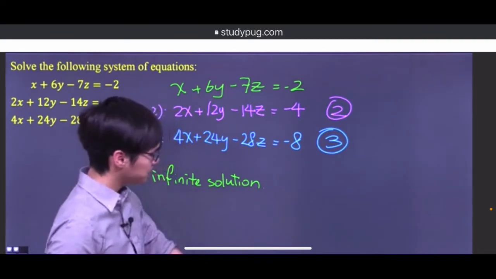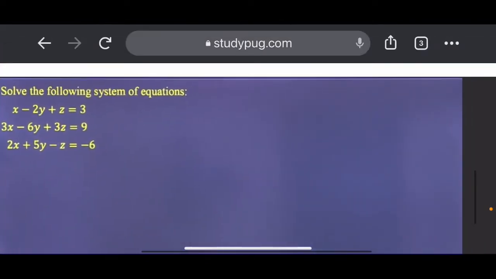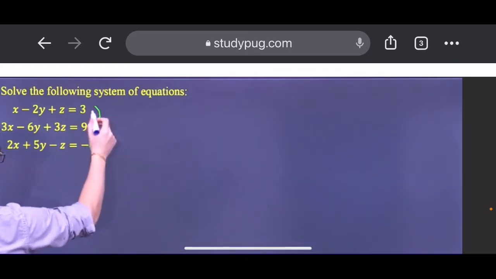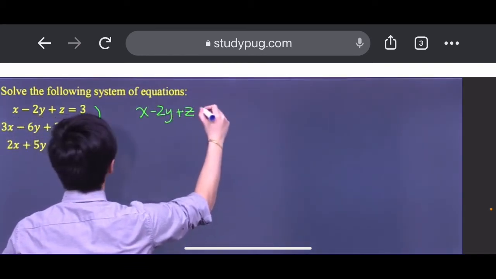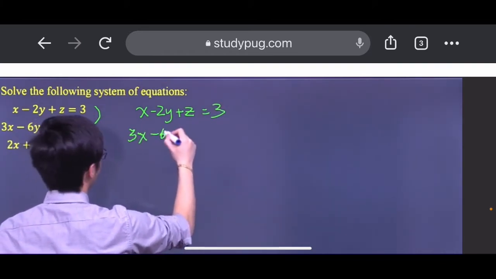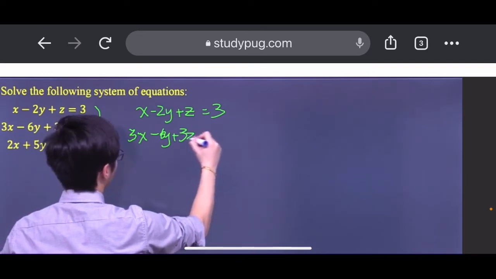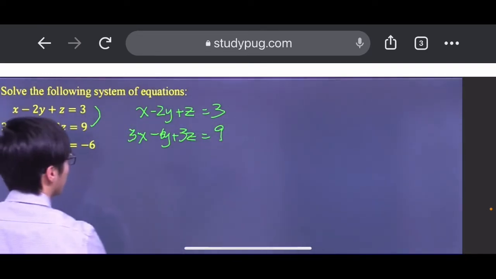Okay? Over here, we want to solve this system of equations. All right? So here, again, let's consider the first 2 first. We have x minus 2y plus z equals 3. And we have 3x minus 6y plus 3z equals 9. It looks a bit ugly, so let's rewrite it.